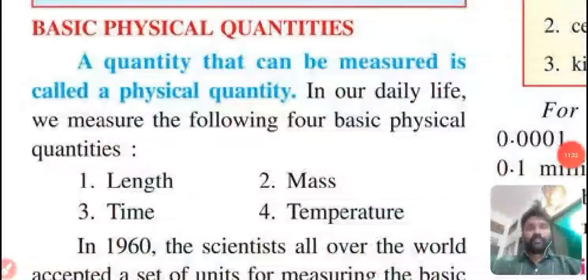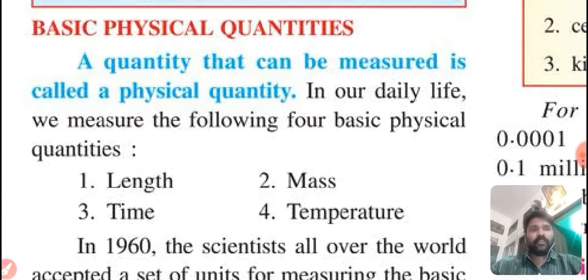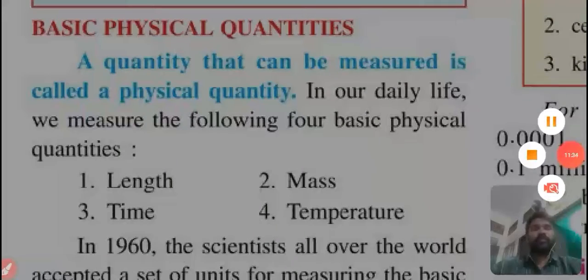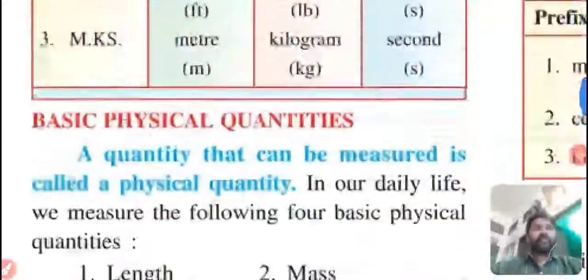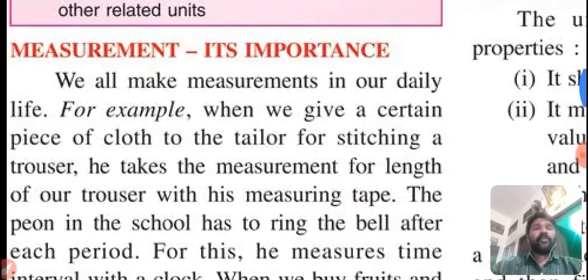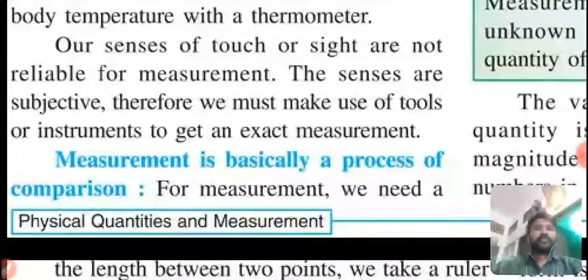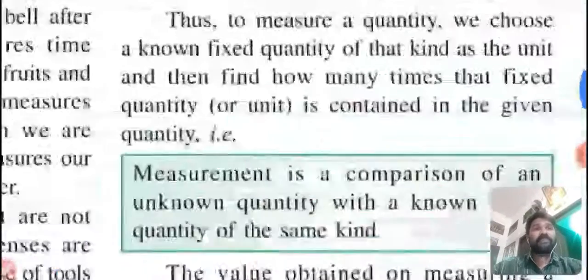Okay, students, next we are going to discuss basic physical quantities. Before that, we can have a recap of today's portion. First of all, we discussed measurement and its importance. Understood? I hope you already understood the topic. Second, we discussed that measurement is basically a process of comparison.